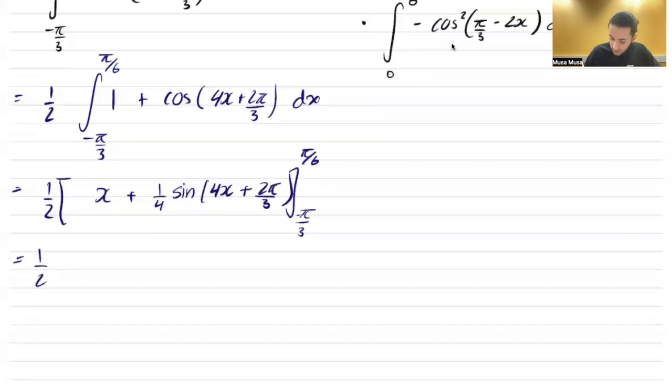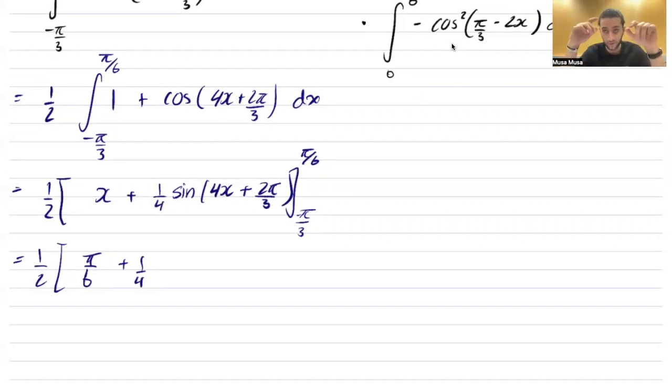Subbing in, we get pi on 6 plus, and I'm doing this in my head just because I don't want to keep writing out more lines, a quarter sine of 4 times pi on 6 is 2 pi on 3. 2 pi on 3 plus 2 pi on 3 is 4 pi on 3, which is sine of pi on 3 in the third quadrant. So it's going to give you minus root 3 over 2. Minus. And then we're subbing in negative pi on 3.